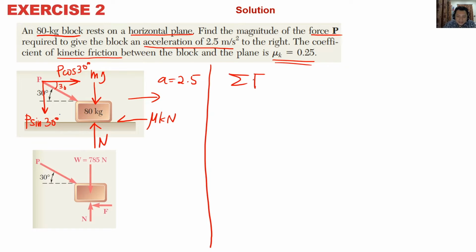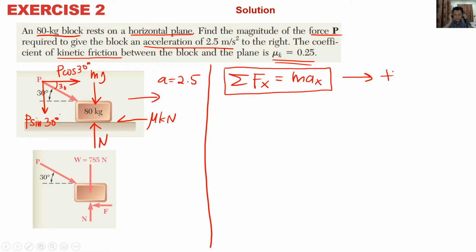Summation of forces in the x direction is equal to MAX. So coincidentally, dia nak pergi kanan. So kanan lah positif. So label all the forces. Now let's do it. P cos 30 degrees.